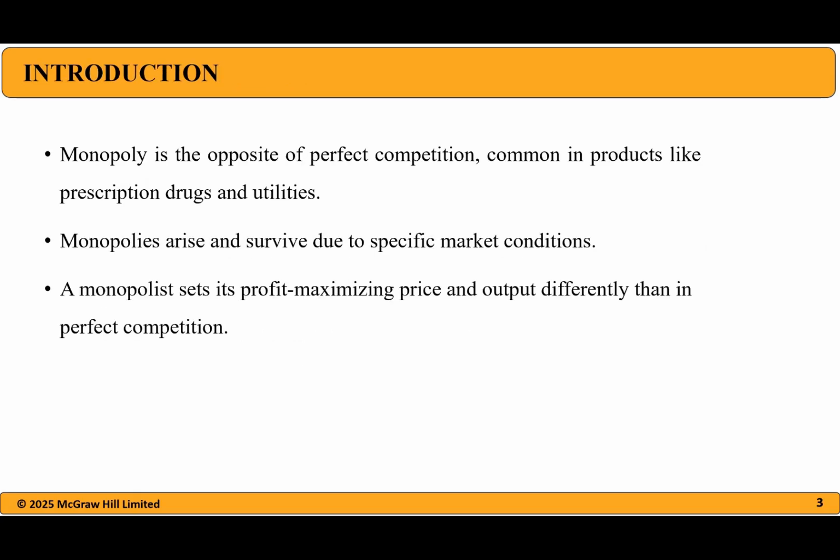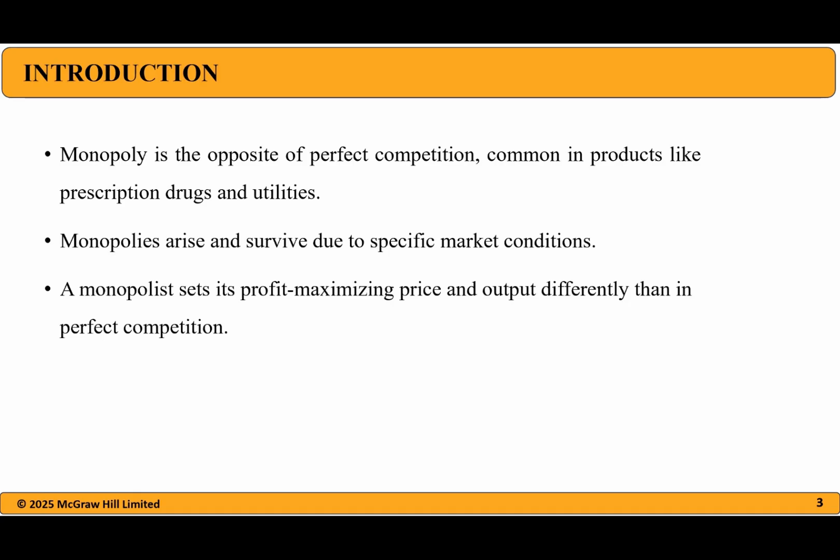The basic introduction is that a monopolist exists in markets where a single firm dominates. There are no close substitutes of products and entry is restricted by certain rules and regulations. Examples include public utilities and pharmaceutical companies with patented drugs.